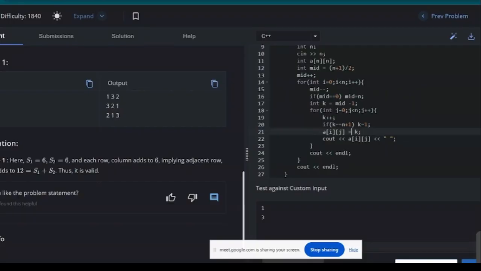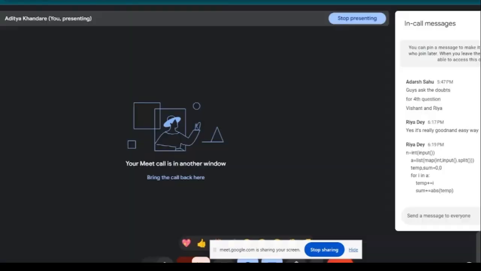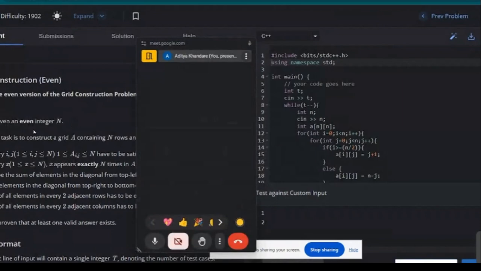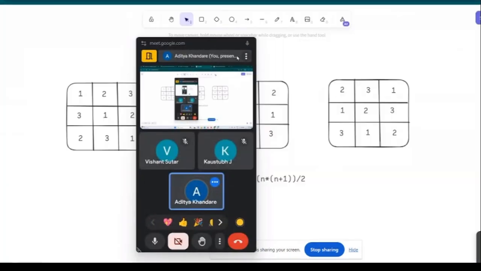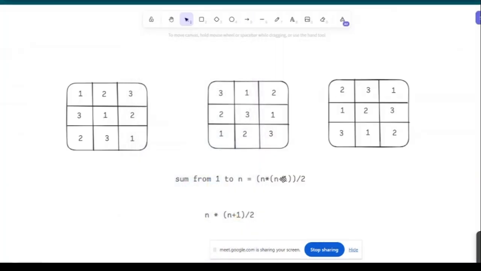Here n is even, and if we take n plus 1, then it will become odd, and odd by 2 is not an integer, right? It will give you values like 1.5, 2.5, and we can't use it. So that's the reason this approach can't work here.